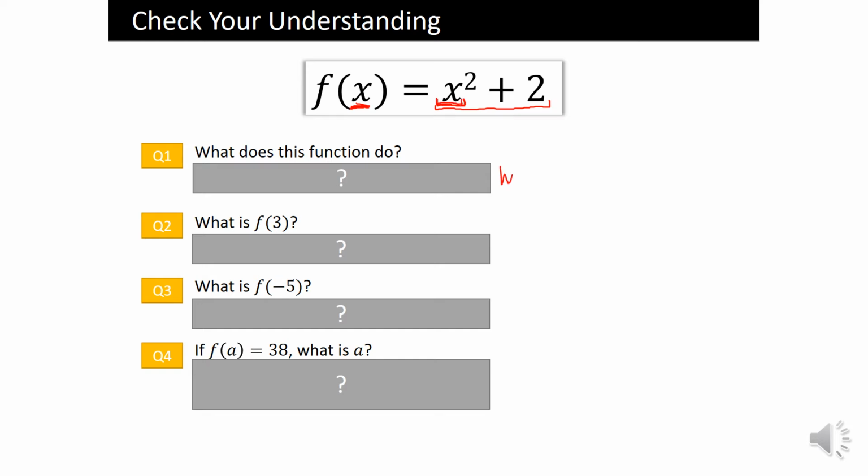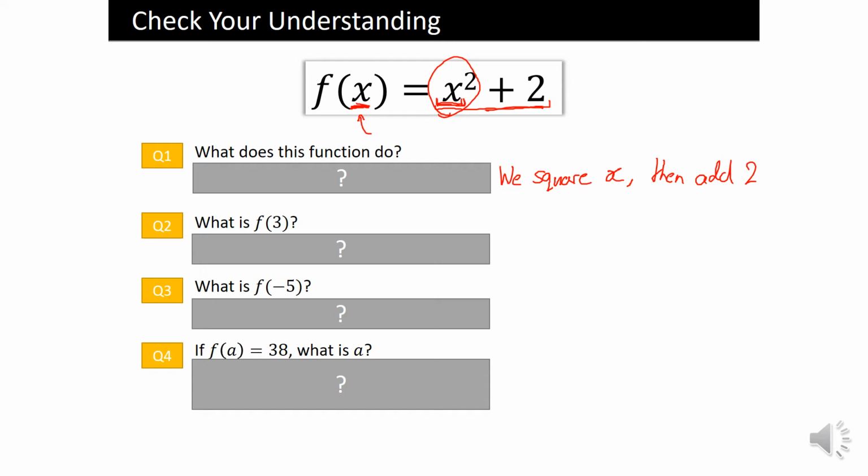So we square it. Square x. And then, so squared x, so we've done that, then we add 2. So we square x, then add 2. And that's all we need to say. This is what the function does. Whatever you put in, so x, you square it, and then add 2.